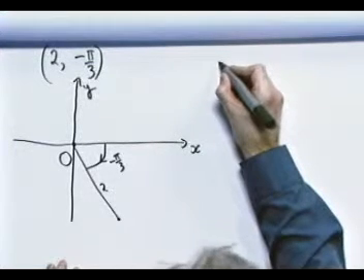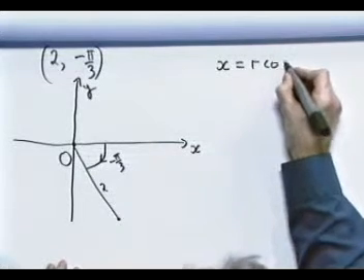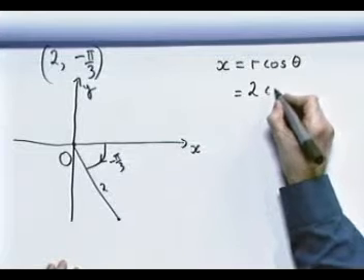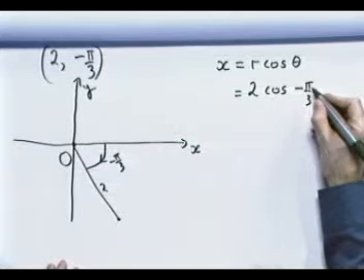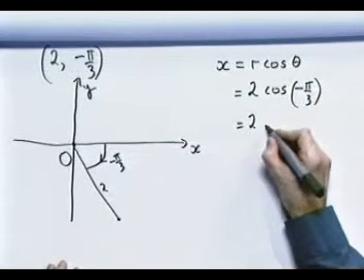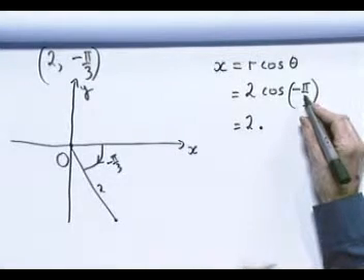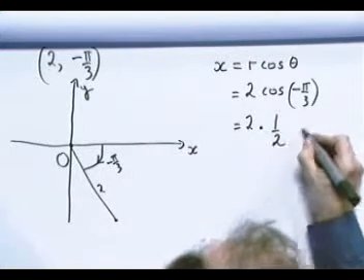Let's write down our equations that tell us x is r cos theta, which is 2 times the cosine of minus pi by 3, which is equal to 2 times, now we want the cos of minus pi by 3, and the cosine of minus pi by 3 is 1/2.